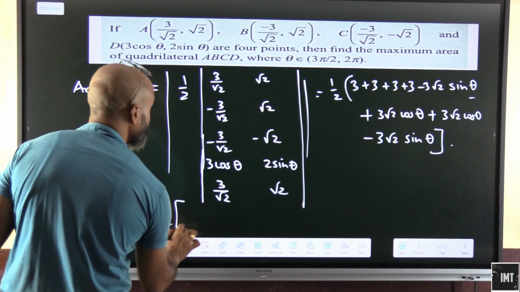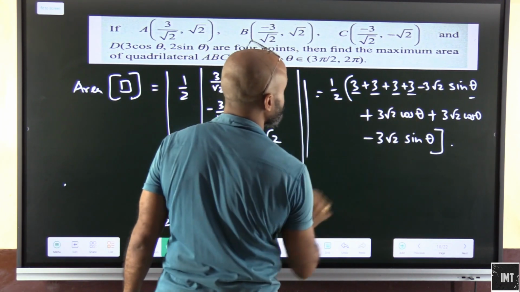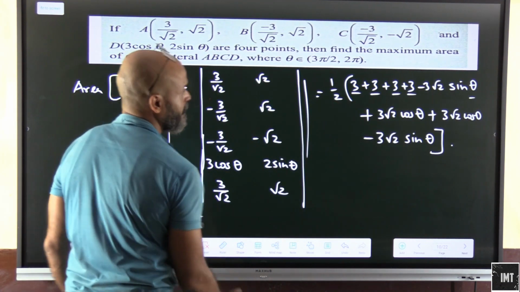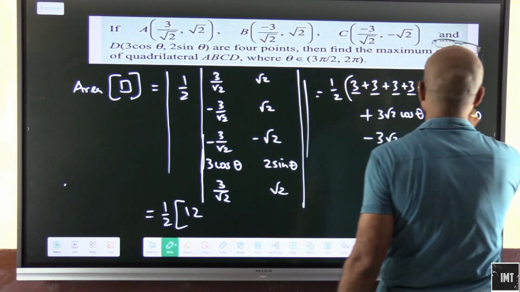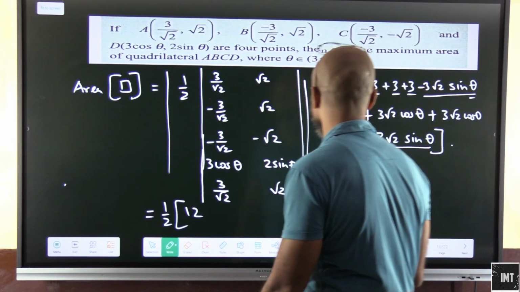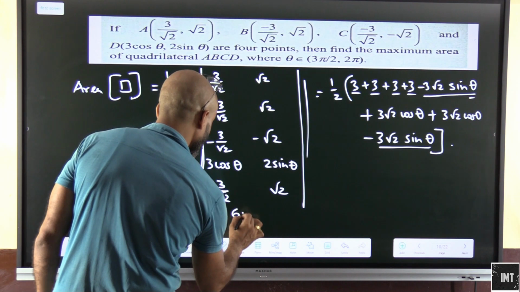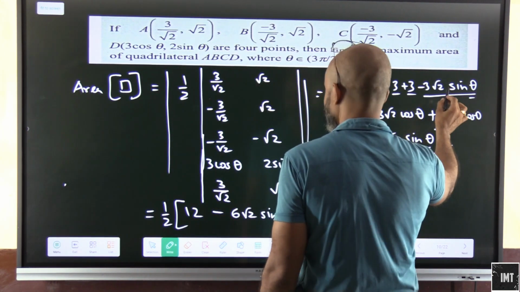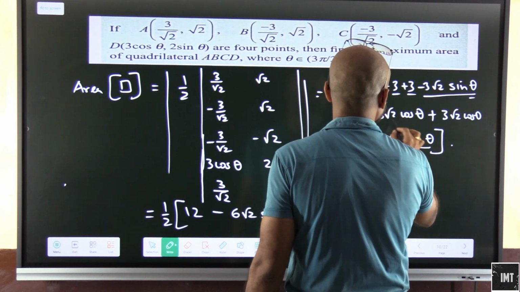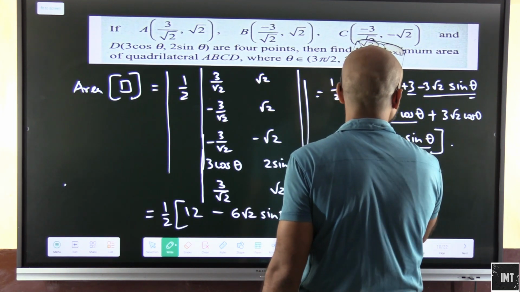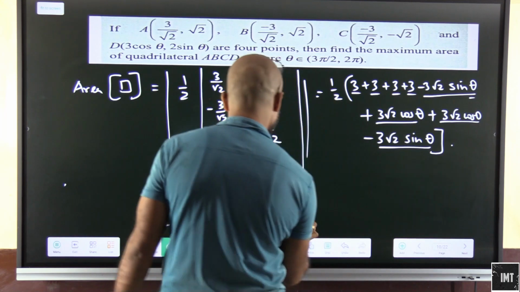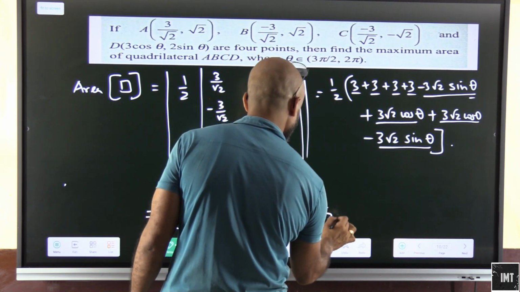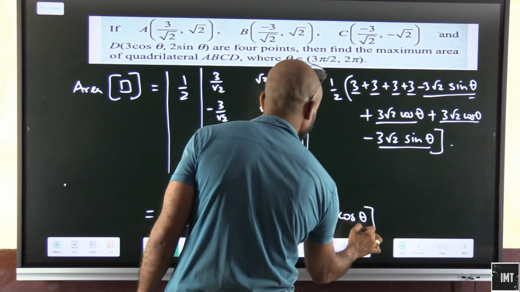This will be half of 3 plus 3 plus 3 plus 3, so that's basically 12. Minus 3 under root 2 sin theta minus 3 under root 2 sin theta gives us minus 6 under root 2 sin theta. Here we have 3 under root 2 cos theta, and here we have 3 under root 2 cos theta, so this will be plus 6 under root 2 cos theta.